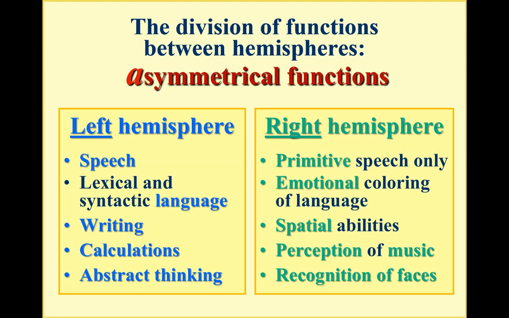Also, there are a number of experiments with people with split brain when they were shown pictures on the right side and the left side of the screen, the halves of faces of different people, and it was necessary to recognize the person. They were given a number of photos with full faces, not only half, and they chose the photo of the face, half of which was shown to the right hemisphere.